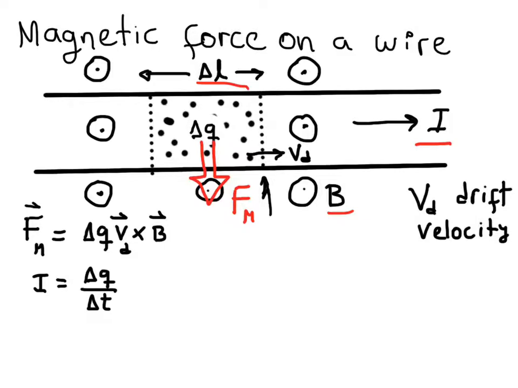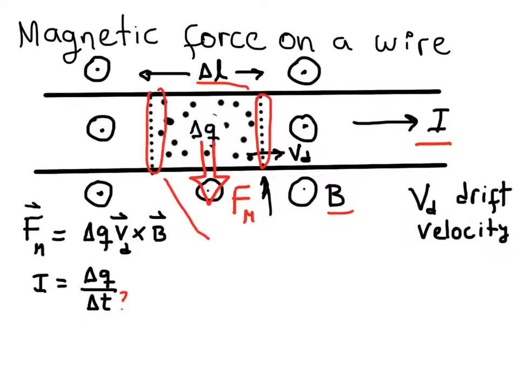Notice that the first charges to cross are these guys, because they are right next to the finish line. As soon as you start your stopwatch, they cross, and the last ones to cross the finish line are the charges towards the back, the charges that are a distance delta L away from the finish line.